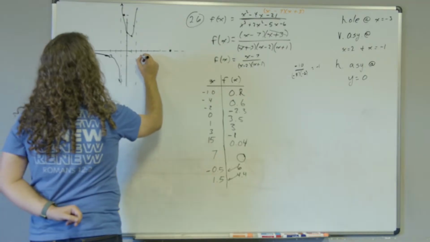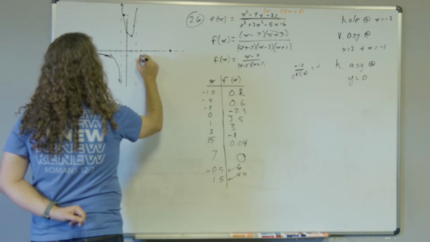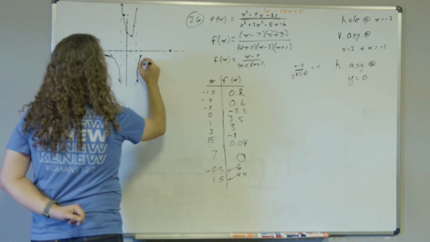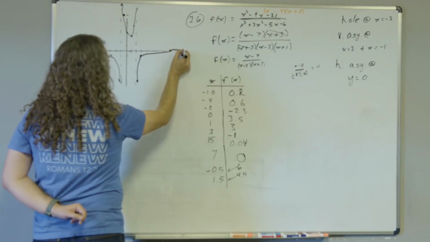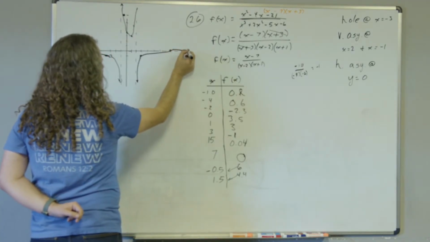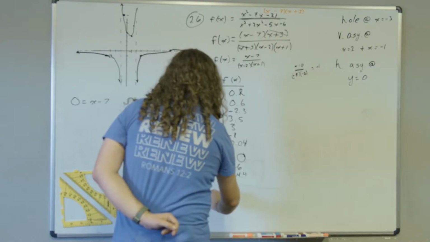So what is this chunk going to look like? It's going to approach 0 with its end behavior, I suspect. When we put in like 100, what is 100?